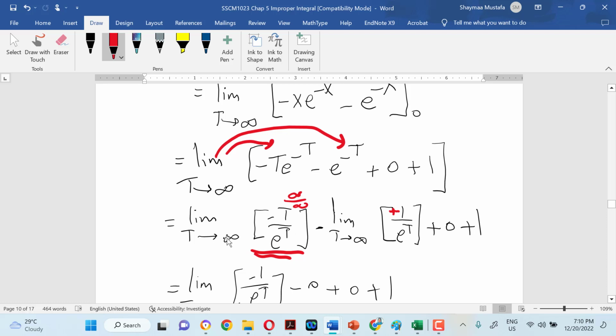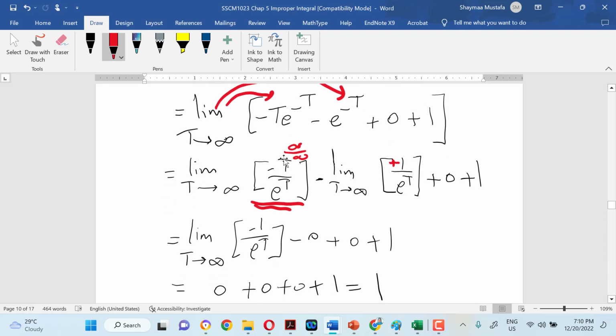Now for the first term, substituting infinity, I will have infinity over infinity, so I have to apply L'Hopital's rule. The derivative of minus t is minus 1, and the derivative of exponential t is exponential t. Now minus 1 over exponential t: exponential at infinity is infinity, and 1 over infinity is 0.